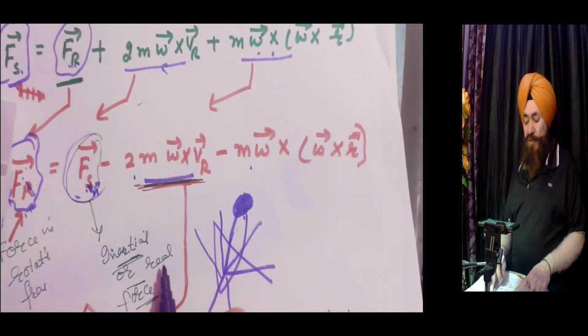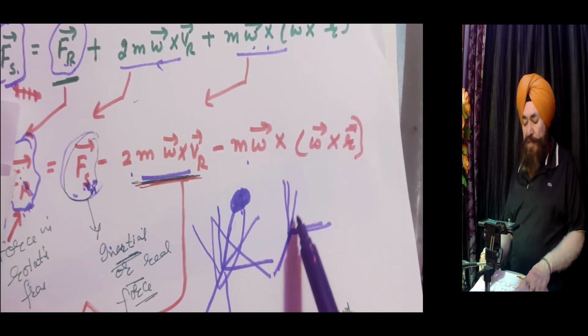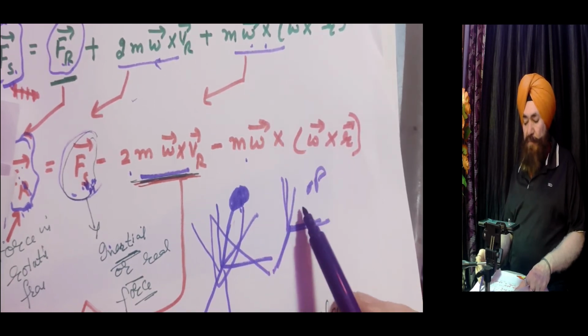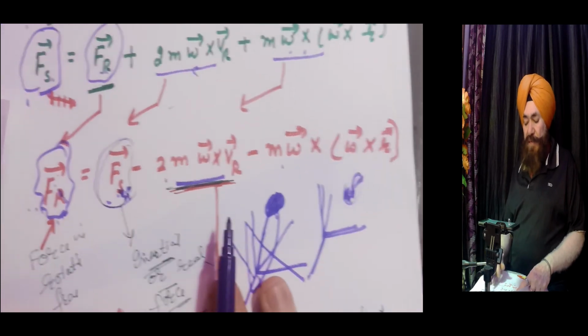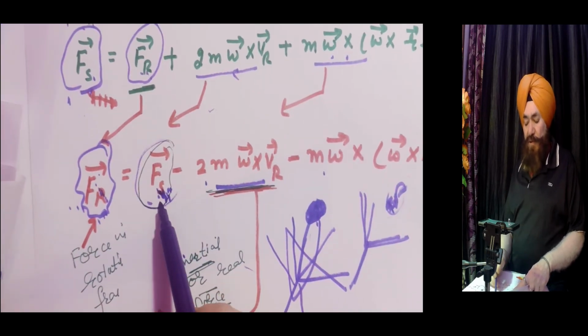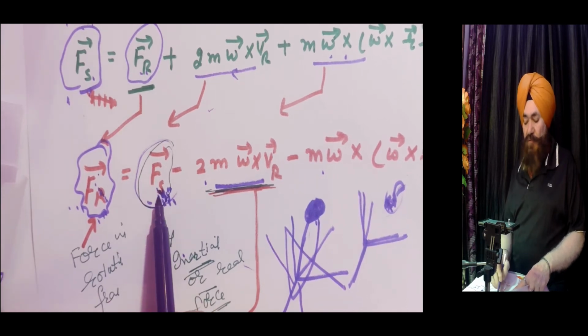If there is no rotating frame, only one space which is at rest, and the particle P is accelerating, then there will be a force on the particle. And what is that force? This is Fs. This is called a real force, or the inertial force. This is the actual force.